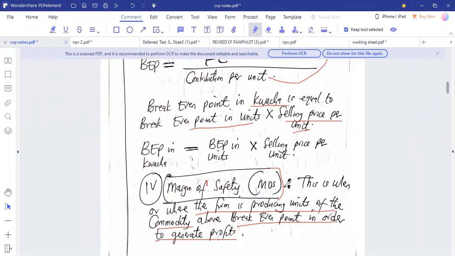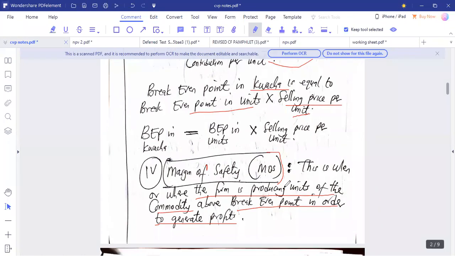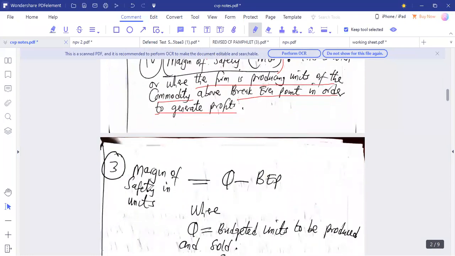Now we have to look at what is margin of safety in units. Margin of safety in units is equal to Q minus the BEP. Our Q is the particular units to be produced, and this one is the BEP in units.